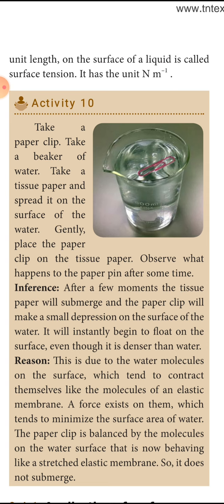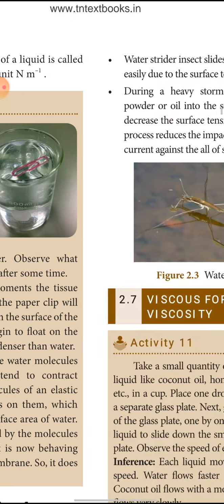The upper layer of the water behaves like a stretched elastic membrane. This layer is called the surface tension layer of the water. The layer makes the area contract. This is called surface tension.